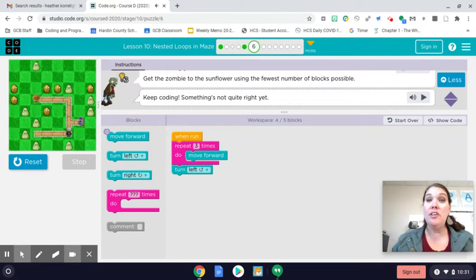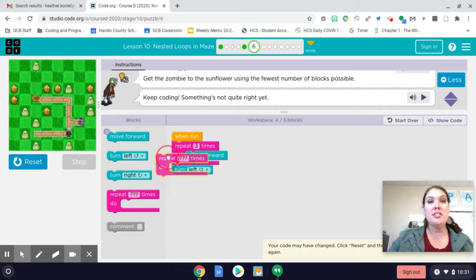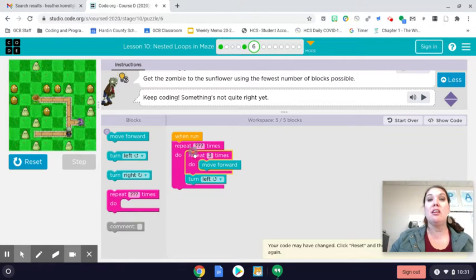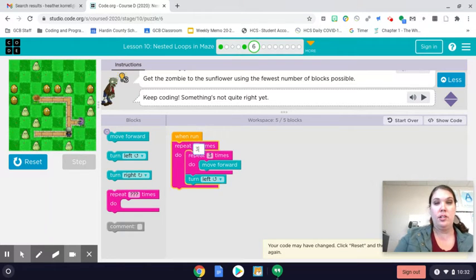Now, he didn't finish, but look again. I only have 1 block left that I can use. What does it have to be? It has to be your repeat block. How many times do you think it needs to be repeated? Well, think about what we did on the last one. There were 4 sides. How many sides are there in this puzzle? 1, 2, 3. So I'm going to make this number 3.